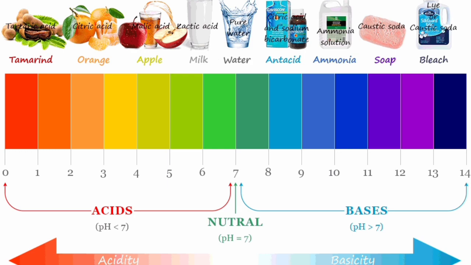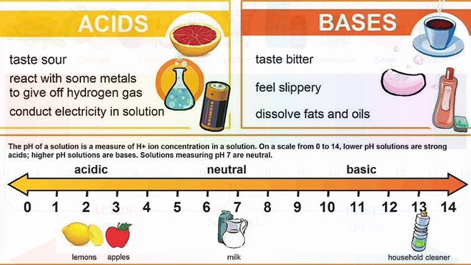That's where you have water. Then you go to 8, and it is alkaline now. 8 is a weak alkali, and alkalinity keeps increasing till you reach 14, which is a very strong alkali. So 0 to 6.9 is acidic, 7 is neutral, and from 7.1 to 14 is alkaline.